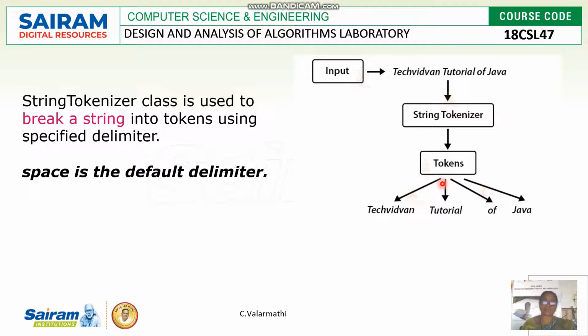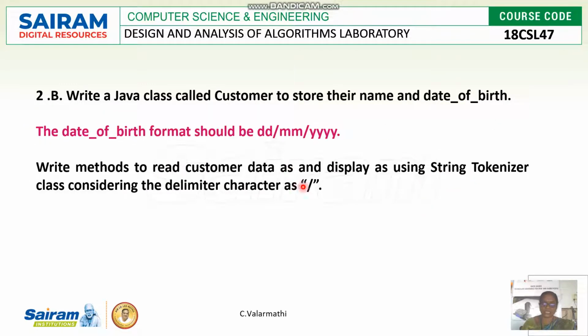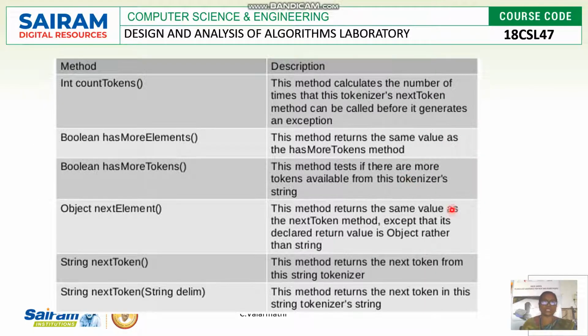Likewise, we can explicitly apply a delimiter. Here, the delimiter is slash. If slash is made the delimiter, I can replace this slash with another delimiter. That is also possible with the help of string tokenizer.